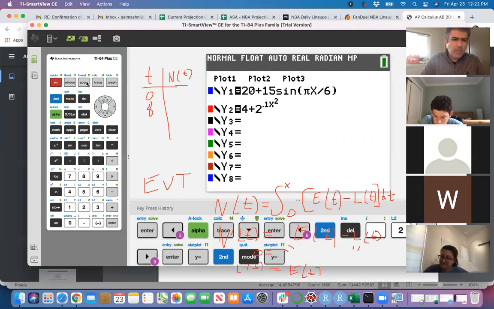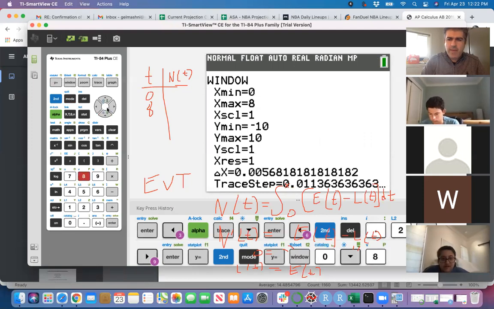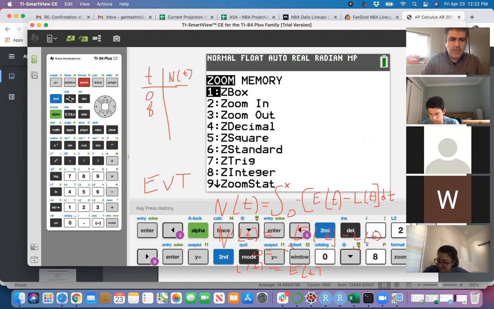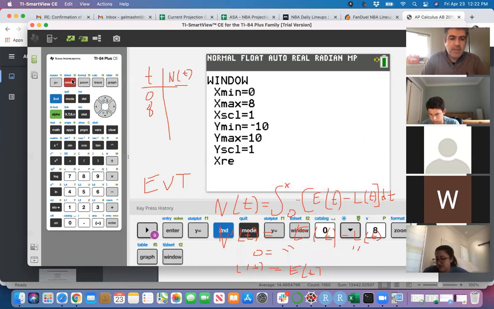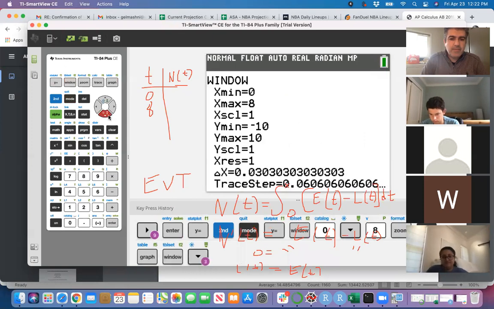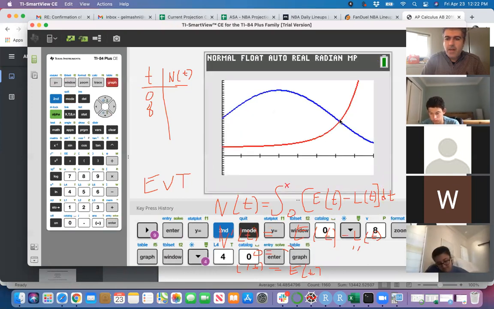We're going from 0 to 8, so I'll change my window from 0 to 8. I think my y values are fine. Make sure you're in radian mode. Okay, I can't see it, so I'm going to have to expand this to maybe 40.